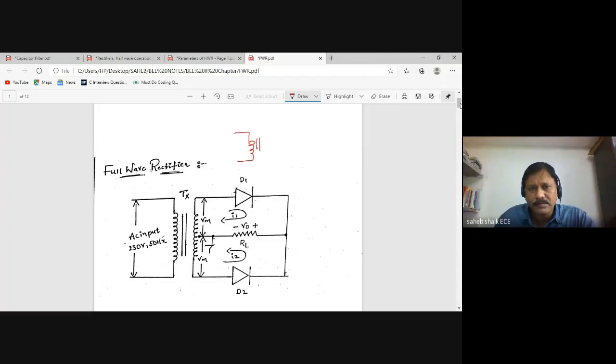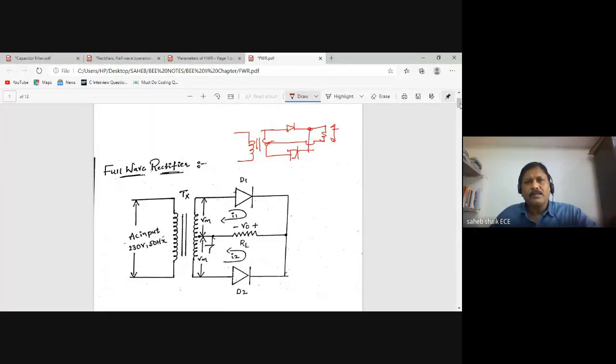So this is a full wave. So you can also draw in this form. This is also can be considered.